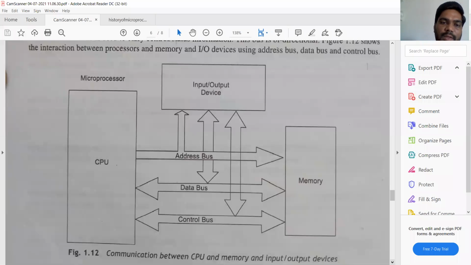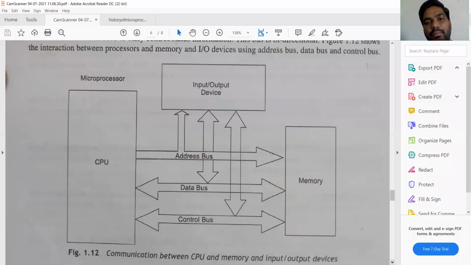The control bus gives the control signals to the CPU, memory, or input output device in order to perform a specific operation. So this is also a bidirectional one.